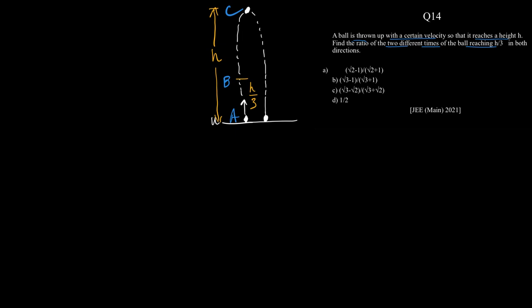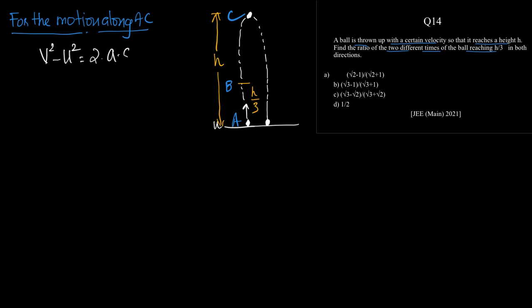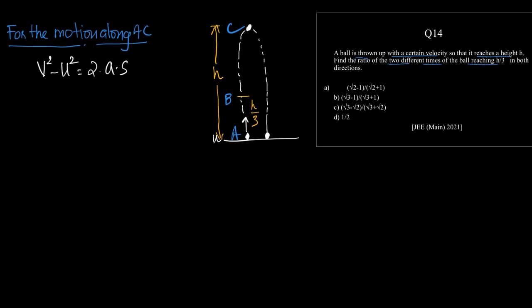So for the motion along AC, we can say that v square minus u square is equal to 2 into a into s. But what we need to keep in mind is, at this point, the object is momentarily at rest, which means the velocity here will be equal to 0.